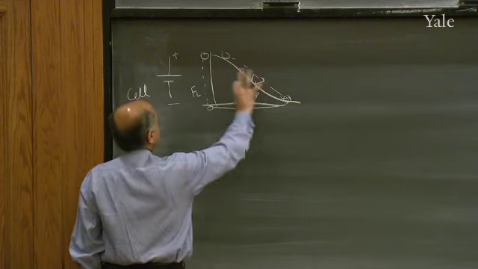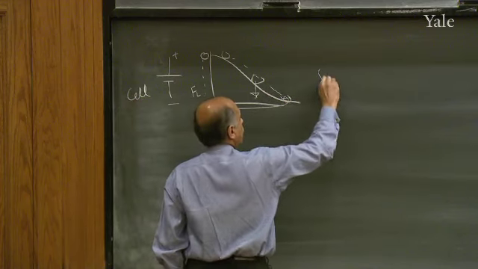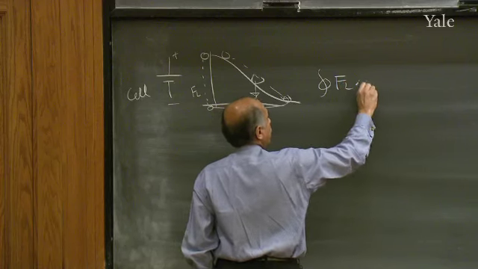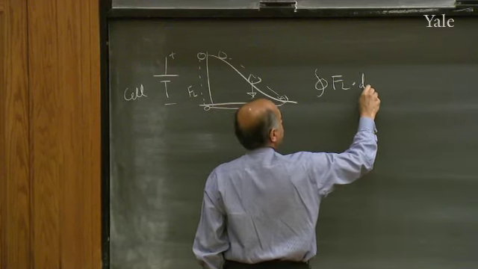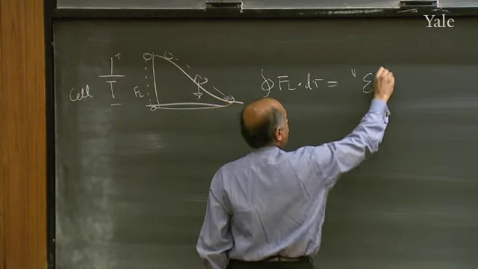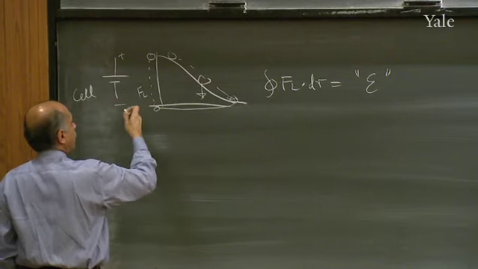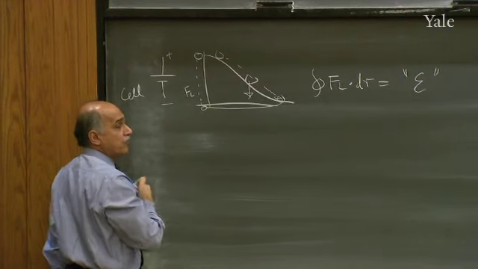The force of the lift has nothing to do with gravity. It's driven by some other engines and so on. And we defined force of the lift on the closed loop to be something called curly E. That's a mechanical analog of what's called electromotive force.